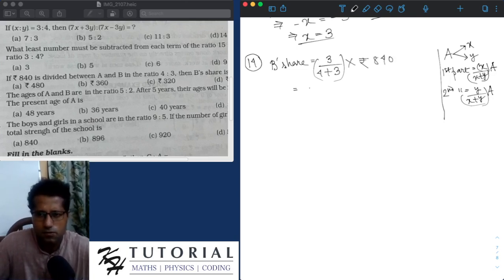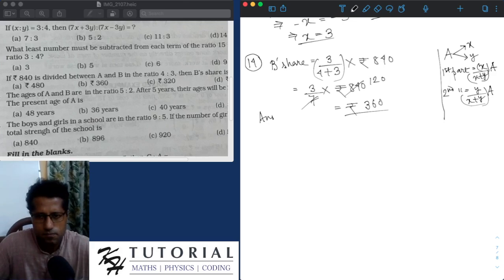This equals 3 by 7 times rupees 840, and 7 divides 840 into 120, so this is rupees 360. So the answer is choice B.